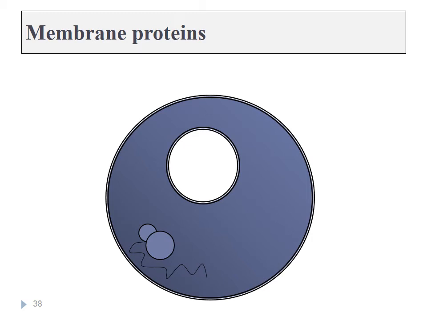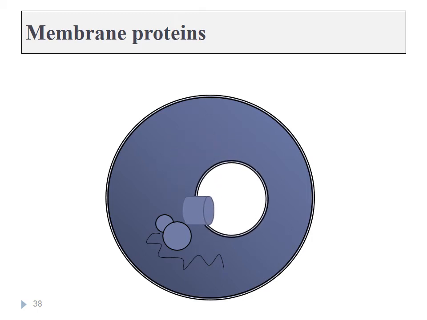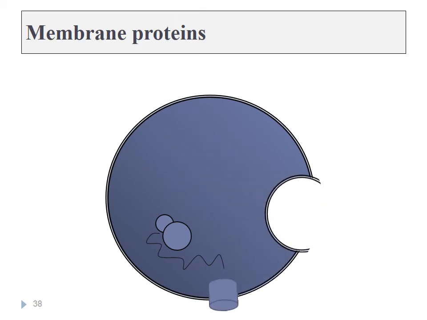Membrane proteins are also synthesized on the rough endoplasmic reticulum, but they do not go completely through. They stay embedded in the phospholipid bilayer. Thus, when this vesicle is ultimately fused with the plasma membrane, this protein becomes a part of the plasma membrane.